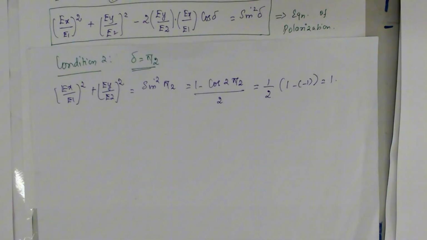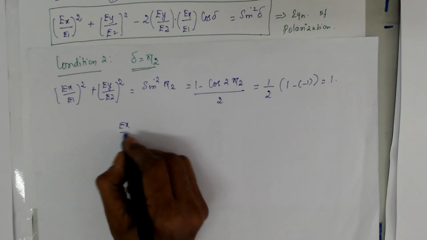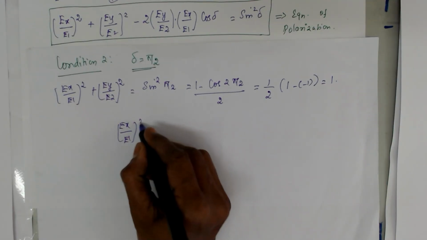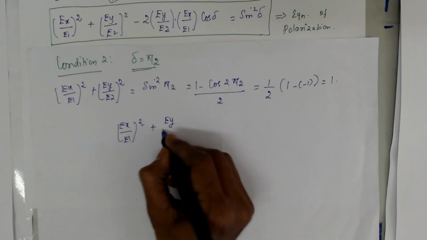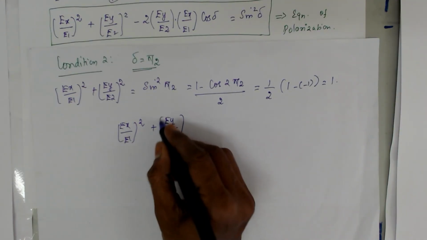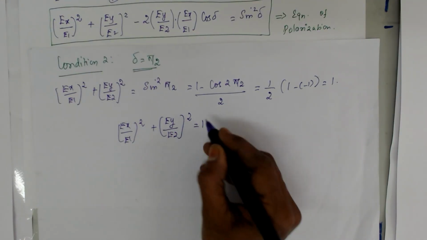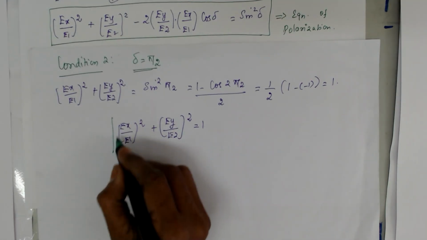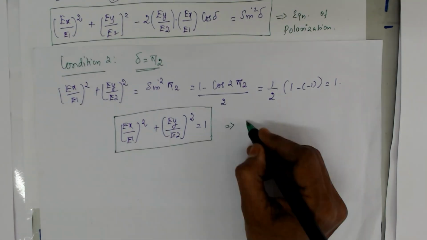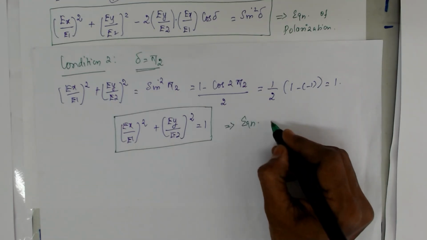So we got the equation (Ex divided by E1) the whole square plus (Ey divided by E2) the whole square equal to 1. This represents the equation for an ellipse.